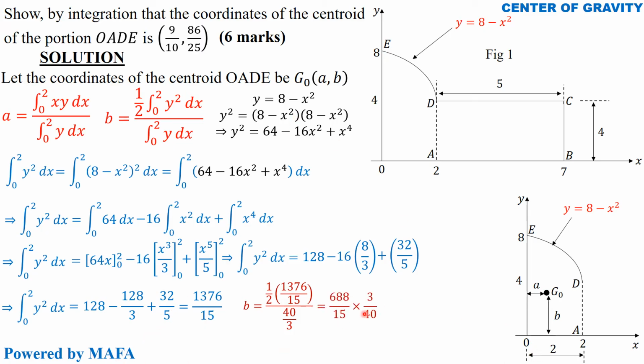So from there, we try to simplify and we get our response, b equal to 86 on 25. So we can conclude that the center of gravity, or the centroid, has coordinates g, which the y coordinate here, as you can see, is 86 on 25. So in essence, we have proved what was required.